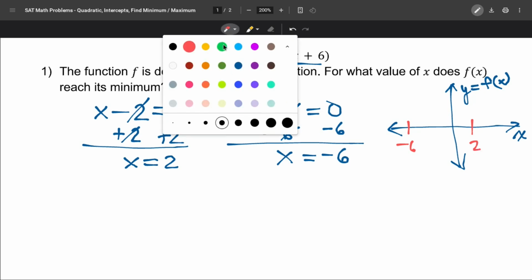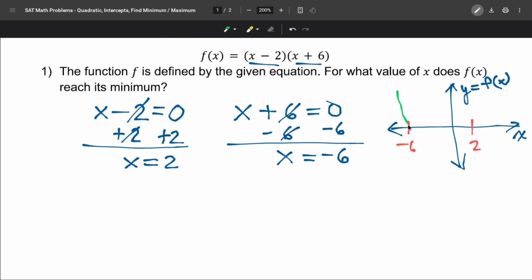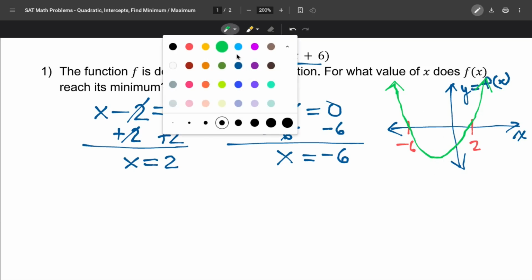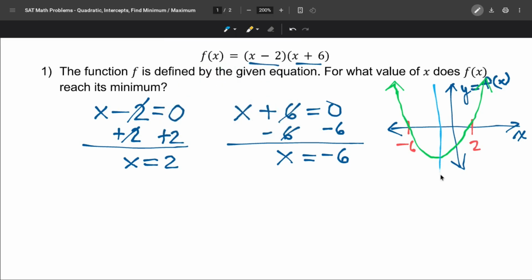So let's have fun with colors here. We're going to have our parabola, and that's not the best drawn parabola, but it goes through, and the minimum is going to be somewhere halfway in between negative 6 and 2. The way I drew it, it should be symmetrical on both sides of this line here, but the minimum is going to be somewhere at this x value.